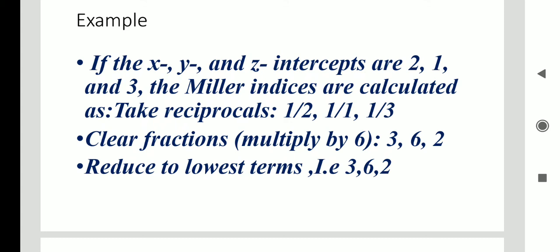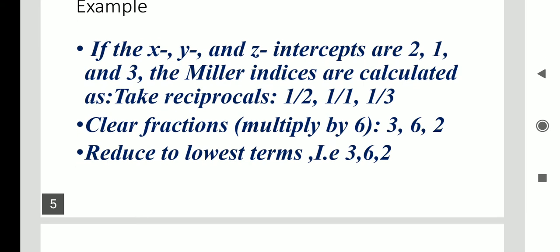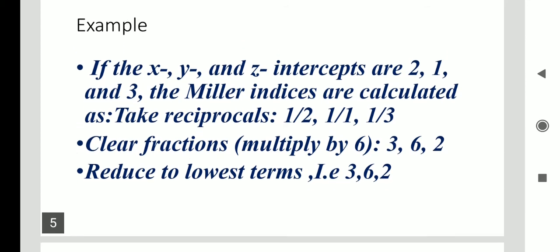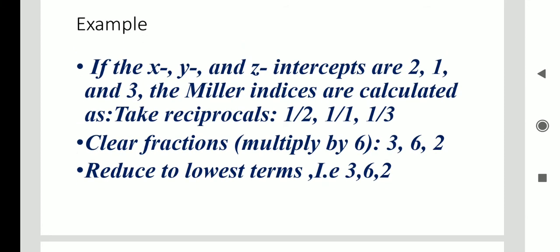The intercepts are 2 1 3, then 1 by 2, 1 by 1, 1 by 3, and we need to change them into whole numbers. So clear the fractions with LCM 6: 6 by 2, 6 by 1, 6 by 3, which is nothing but 3 6 2. If it is possible, reduce to lowest terms. Here it is not possible, so 3 6 2 remains. Then 3 6 2 is the Miller indices.